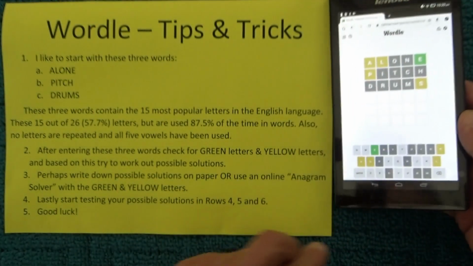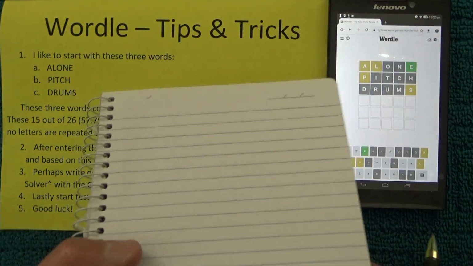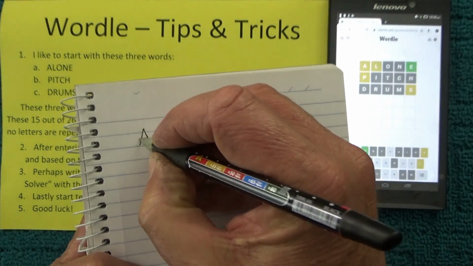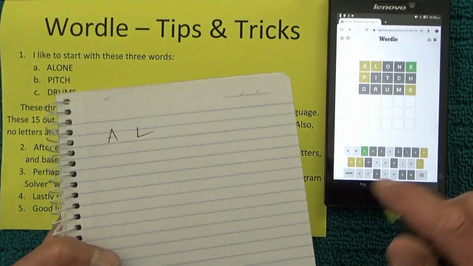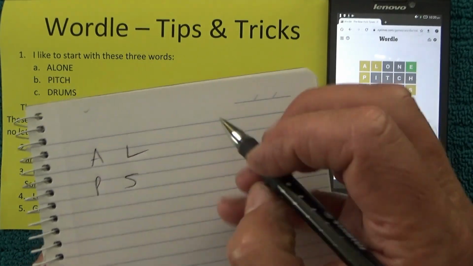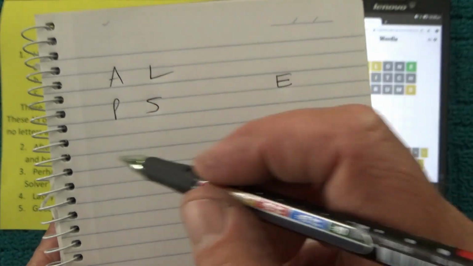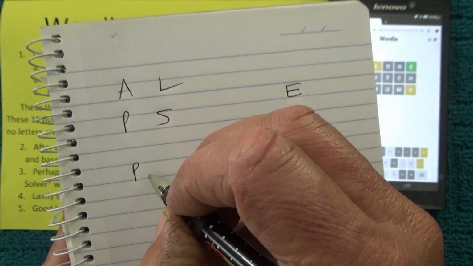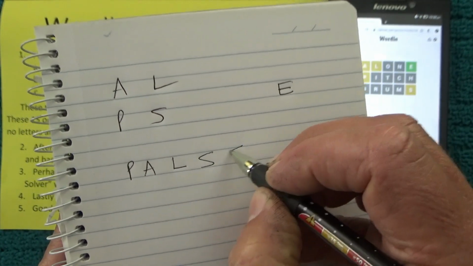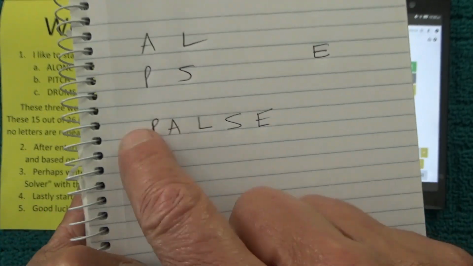What I like to do then is take those letters and put them onto a pad and paper and try rearranging them to see what you come up with. So I've got A, L, P, S, and they've got to be rearranged, and then the last letter is E. Then I try and put those letters in a different order to see if I can come up with a word that I'm familiar with.